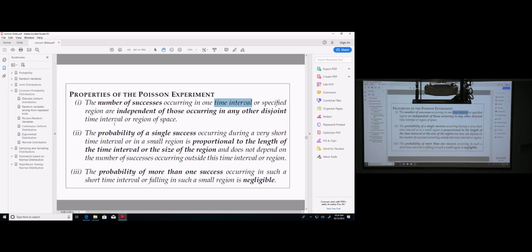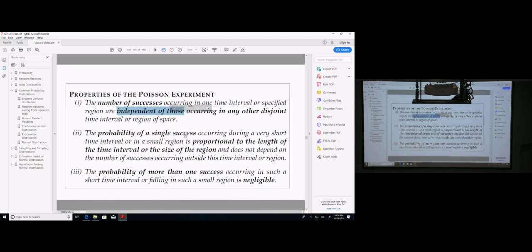So as long as this interval here and this interval here are disjoint, then the number of accidents within this time interval and this time interval are independent. Or, I mean, this region and this other region do not overlap, and the number of accidents in region A and in region B are independent. So these are the situations here.